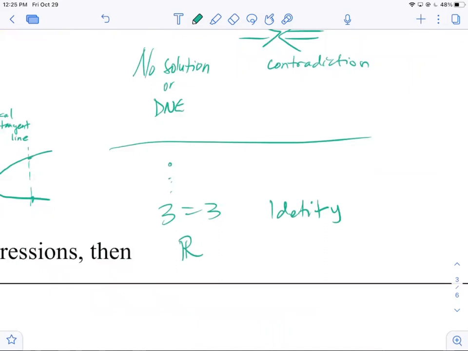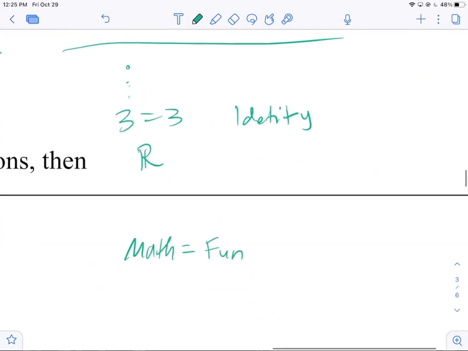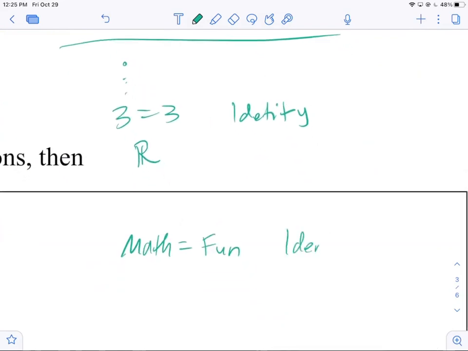So those are the two cases. What if you ended up with another true statement, like you get down and your variables go away and you end up with something like this? That's another identity, right? That means all real numbers. So anytime you end up with a true statement at the end, it's all real numbers.